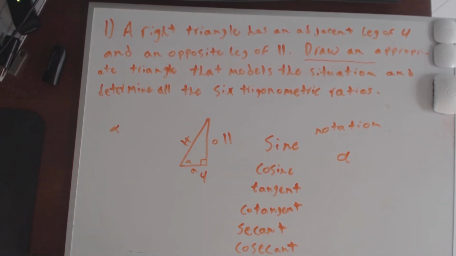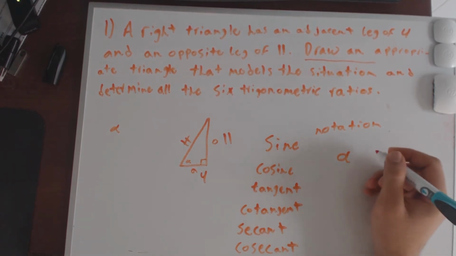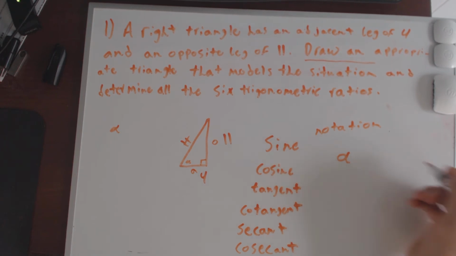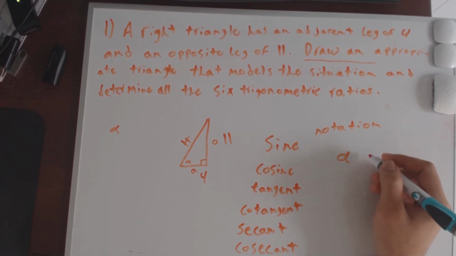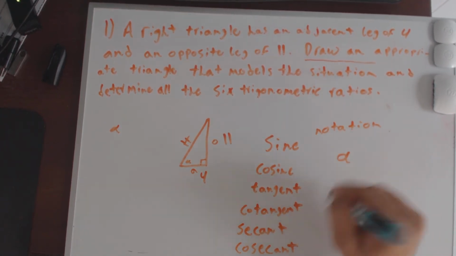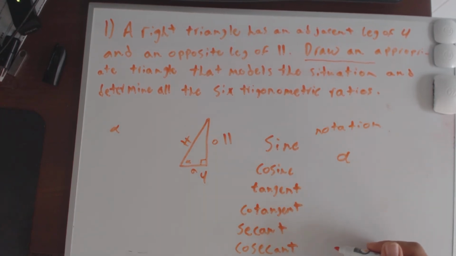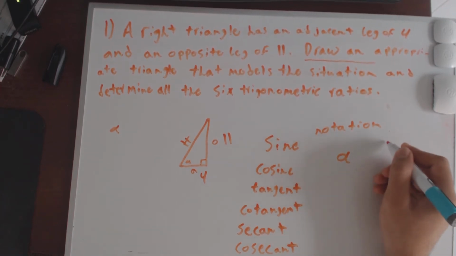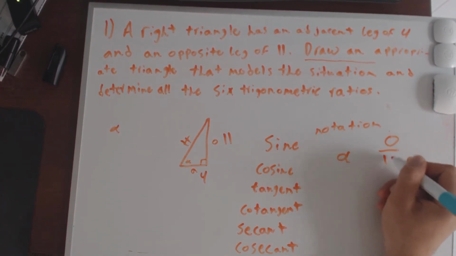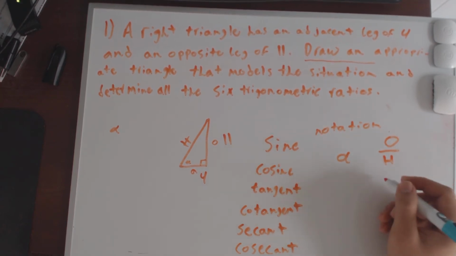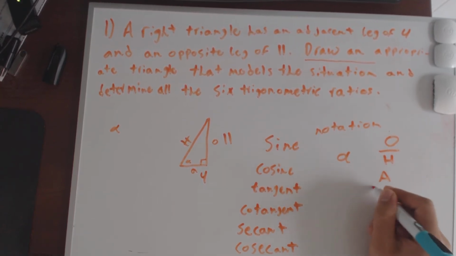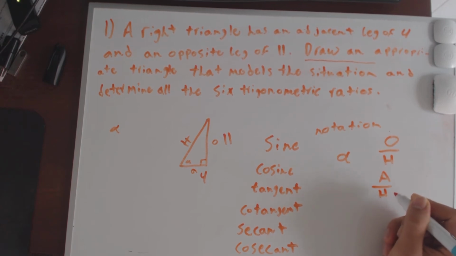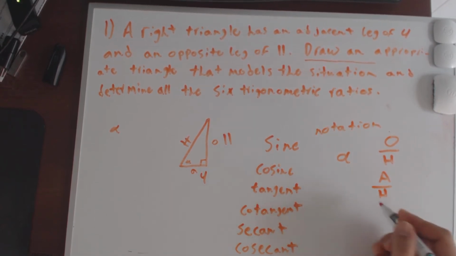Now we can give the rules for each of sine, cosine, tangent, cotangent. So for sine it is opposite over hypotenuse, and for cosine it's adjacent over hypotenuse, and for tangent it will be opposite over adjacent.